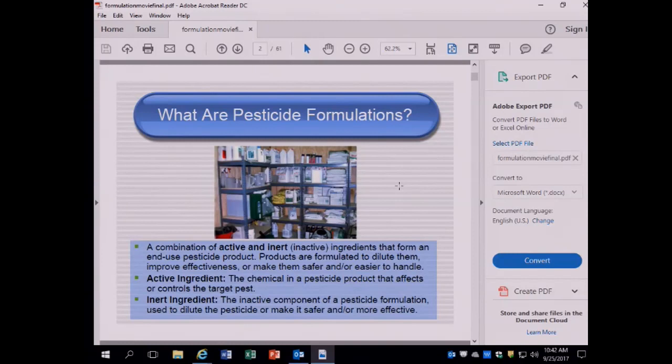And it's going to have a combination of active and inert or inactive ingredients. And a lot of them are formulated so that you will dilute them to improve the effectiveness or make them a lot safer or easier to handle.